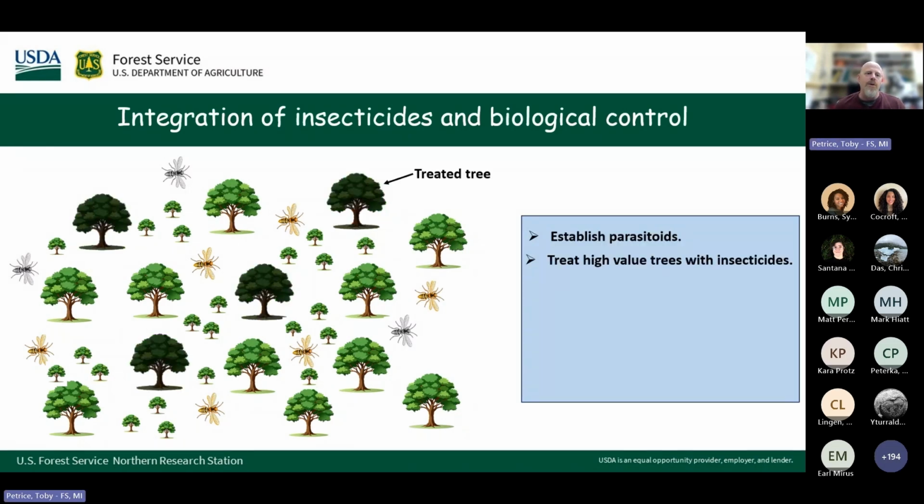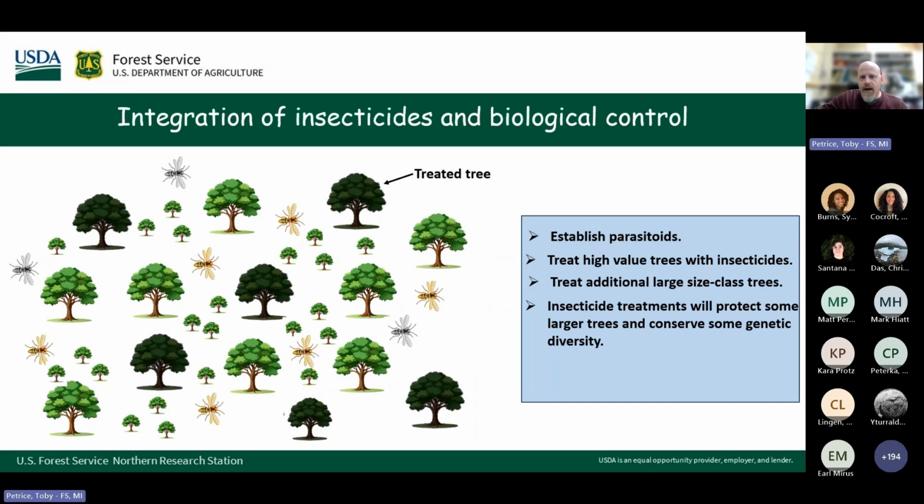we treat what we would consider high value trees, whether they're ecologically important, economically, or aesthetically important, to protect them from emerald ash borer. We would treat additional trees in the stand also to help reduce emerald ash borer populations.